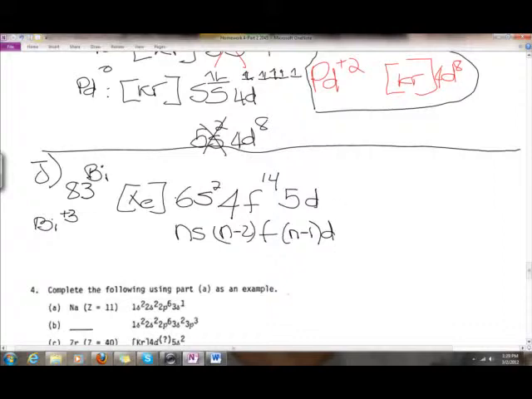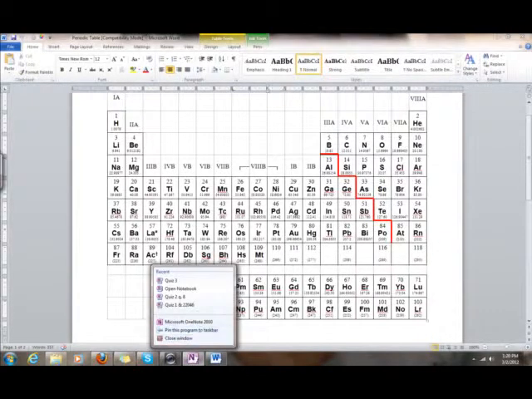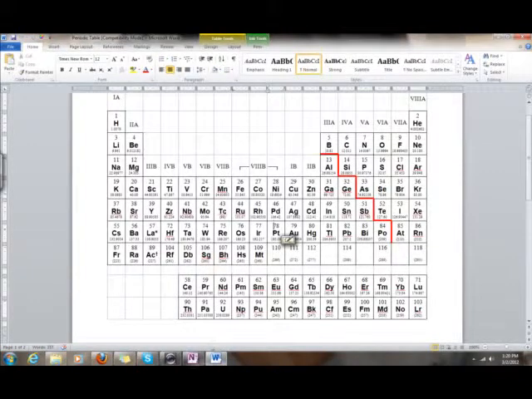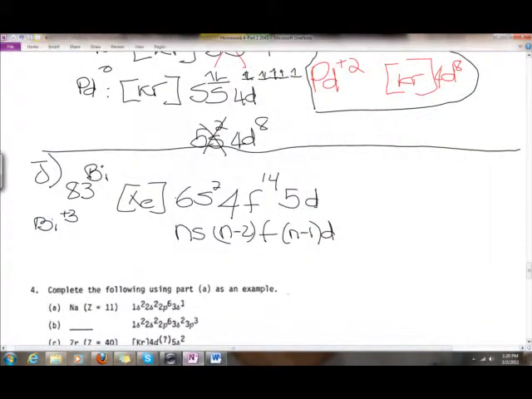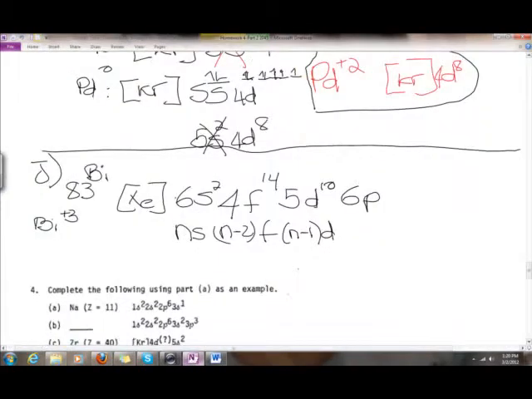And then to the 5D you go back, and it would be full. So after it's full, this would be 5D10, and then you go back to the same row, 6P, and it's 1, 2, and 3. And it's going to be 3.